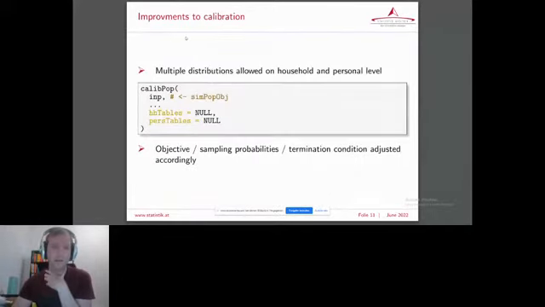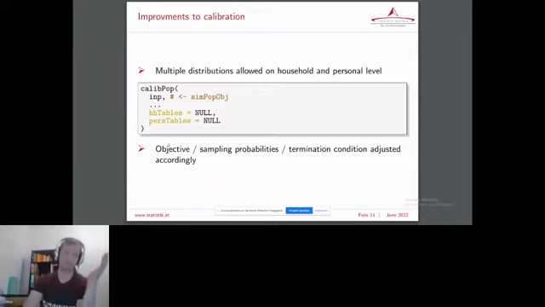And what we improved here is that we now allow for multiple different distributions. So prior, you could also only give a joint table. And now you can give many different tables, which can be on an individual or a household level. And this also meant that we had to advance the objective function.